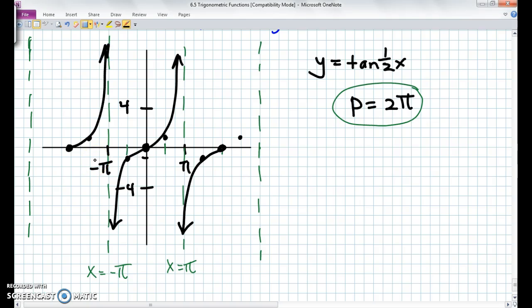Okay? Okay, so remember that tan is opposite over adjacent.